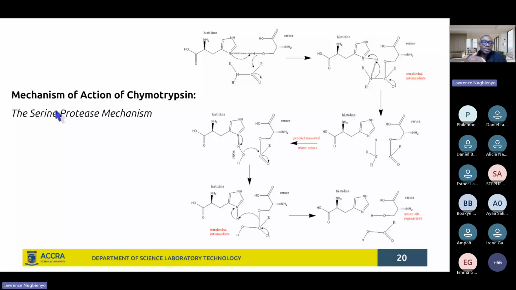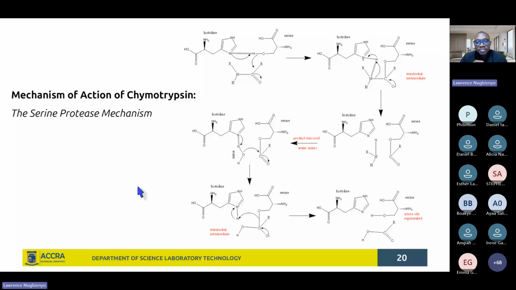A number of enzymes act with a similar mechanism. In the active center, you find serine. That's why it's referred to as a serine protease mechanism, and you find this with many enzymes classified as serine proteases.